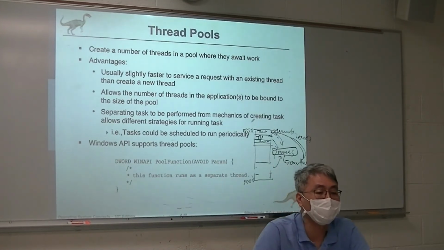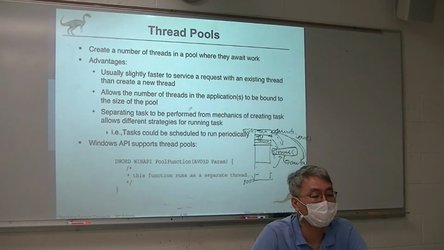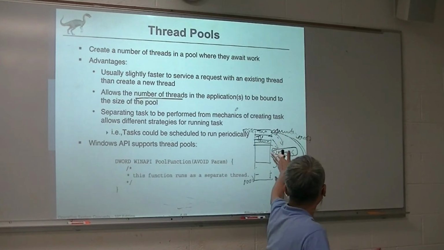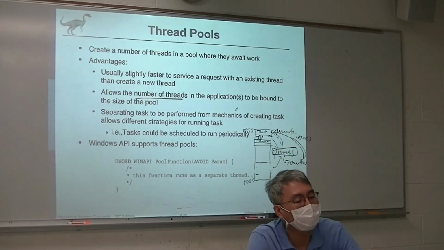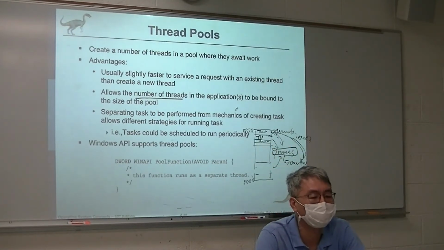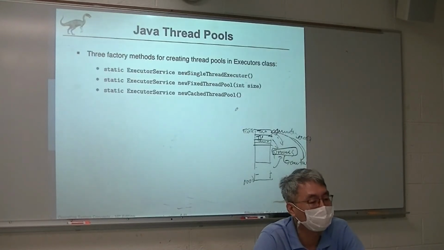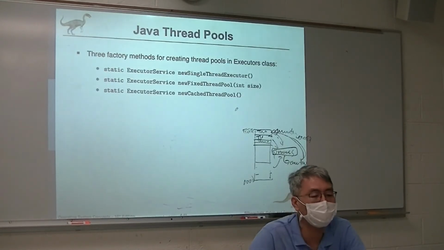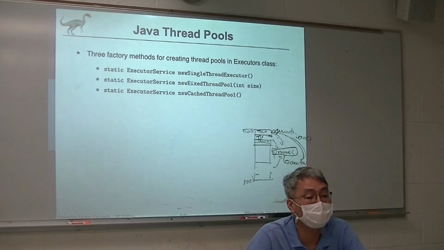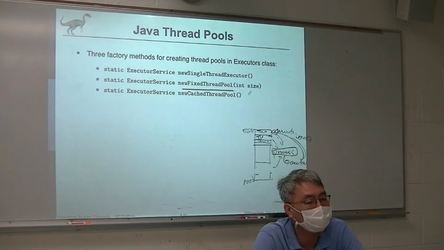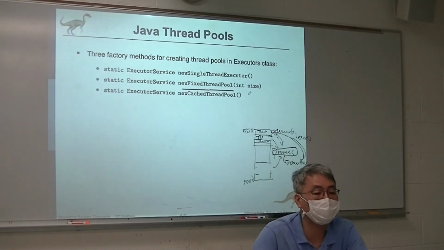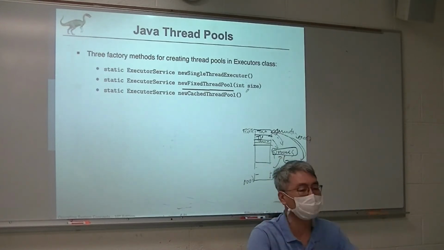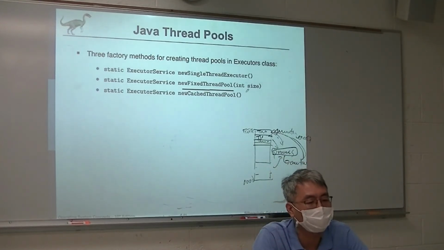So you can allow a number of threads, and the application can then use such a thread pool. In the case of Java, the Java Executor has a new fixed thread pool for the objects you can use. Then you can specify the size of the pool, and you can create threads from the thread pool.